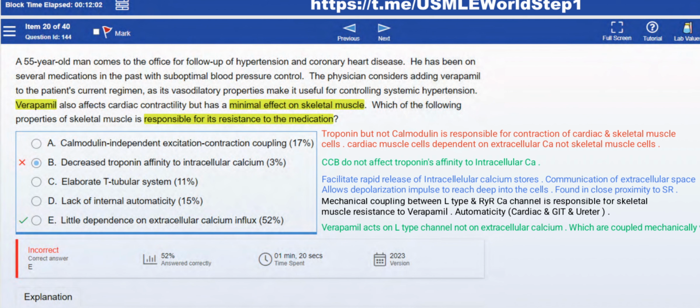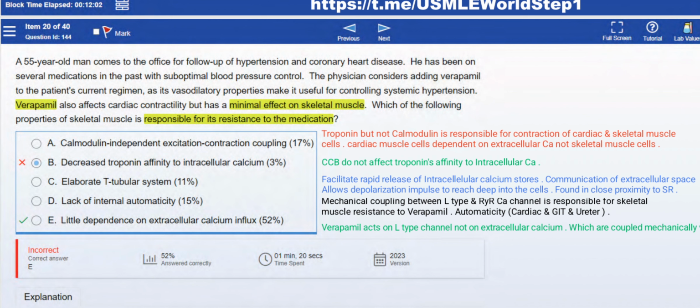So why not option A? Calmodulin independent excitation, contraction coupling. Here, that would not be calmodulin, right? Here it would be troponin. Troponin is responsible for contraction of cardiac and skeletal muscle, because calmodulin is associated with smooth muscle cells.